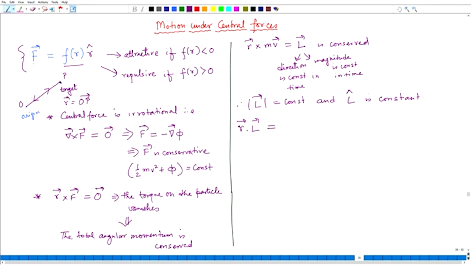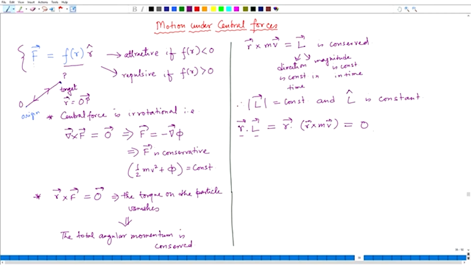Okay. Then what will that be? R dot r cross mv. Again, in a scalar triple product, if two vectors are identical, then it is 0. That means that r and L are orthogonal to each other, they are perpendicular to each other, and neither r nor L is in general 0.